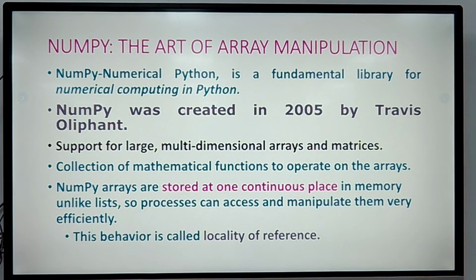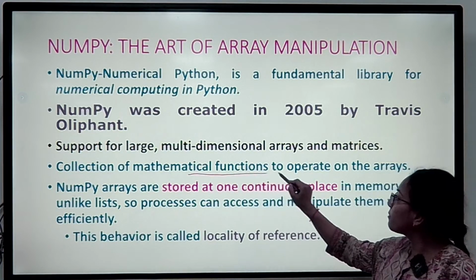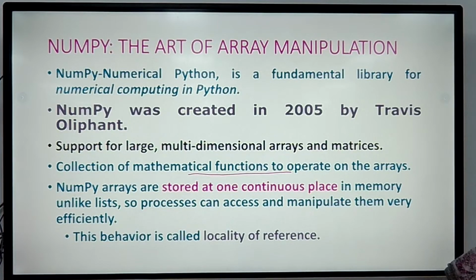There is always someone who writes the functions and modules, so that person is the creator, right? Now, what are the features of Numpy? It supports large multi-dimensional arrays and matrices. It has various collections of mathematical functions that could be used to operate on arrays, right?